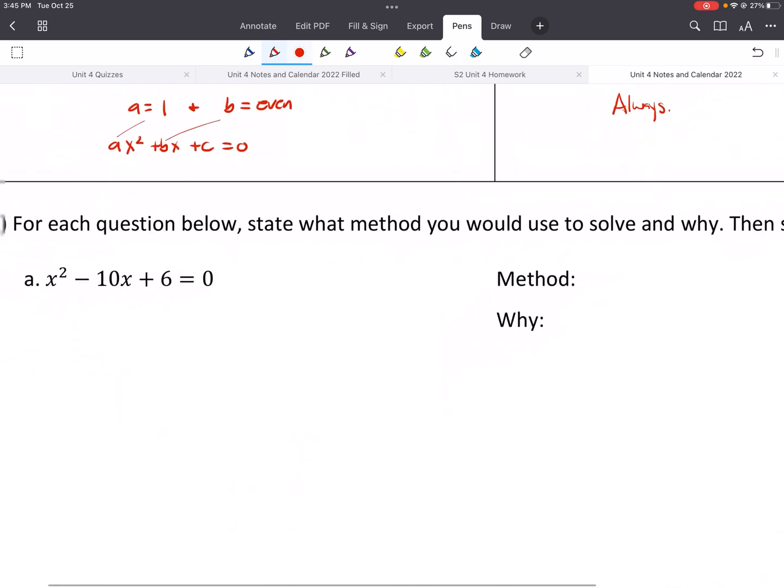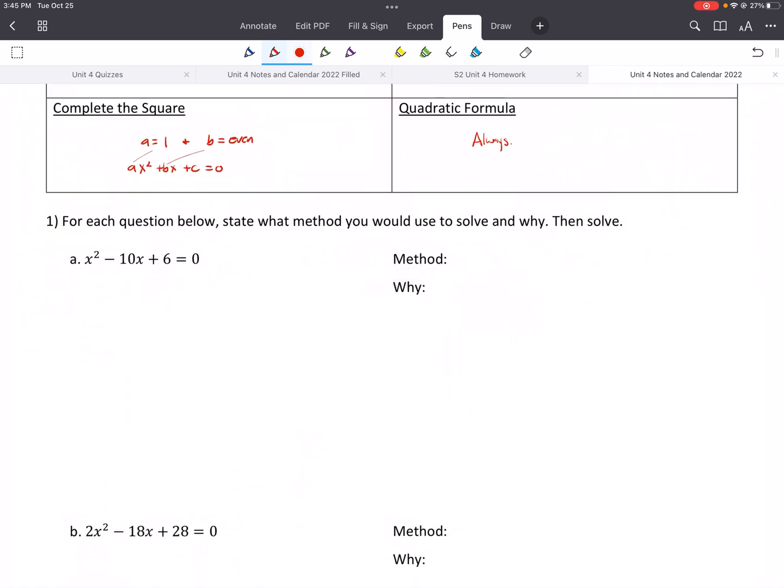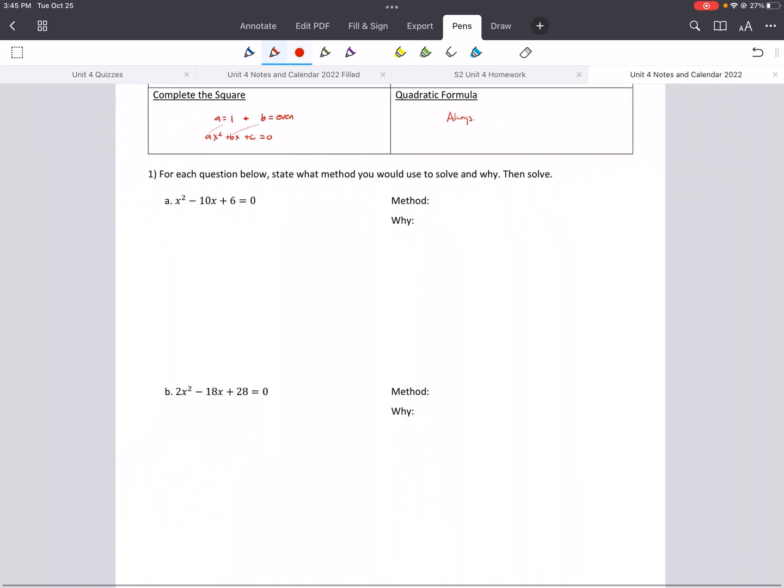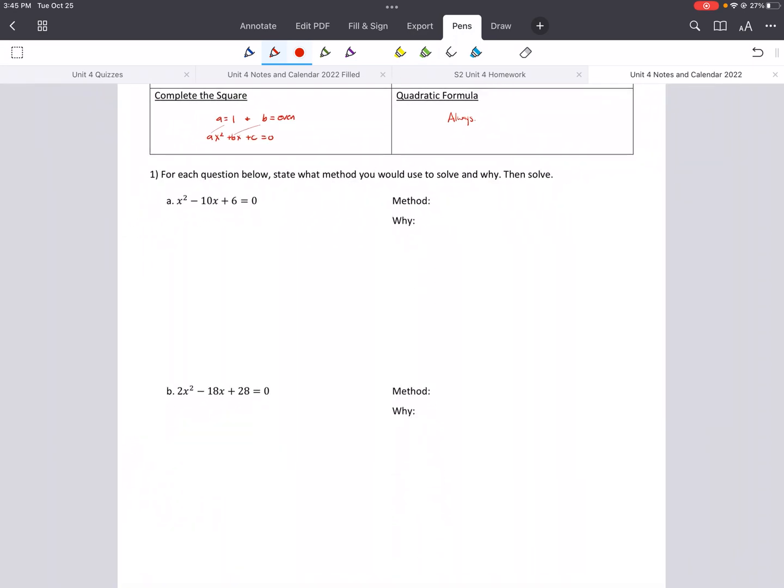Okay, so it's just like we did for 4.4. We're going to look at these 4 examples and decide which method would be good for each. Okay, and then it says to solve. You'll have something just like this on your test. It'll say you do not have to solve.